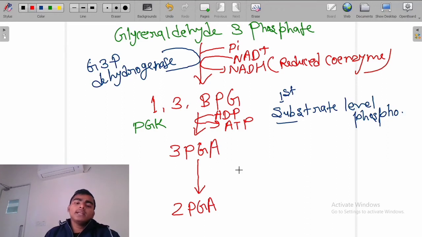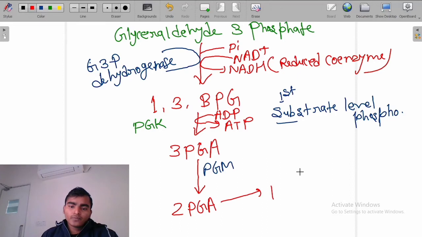The enzyme which is responsible for this particular reaction is phosphoglyceromutase. So this is another step which is again very important. Now 2-phosphoglyceric acid will be converted into phosphoenol pyruvate. Now we have phosphoenol pyruvate.